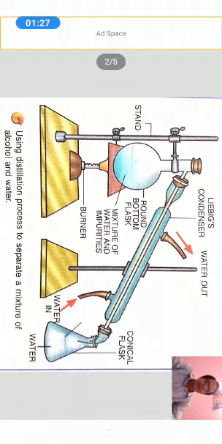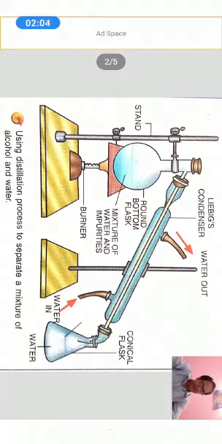With the help of this diagram, we see how water is separated from impure water by the distillation process. Now the method: impure water is taken in a round bottom flask. Then it is heated. The vapors of water pass through the internal tube of the condenser, where they are cooled and changed into water and finally collected in the conical flask.